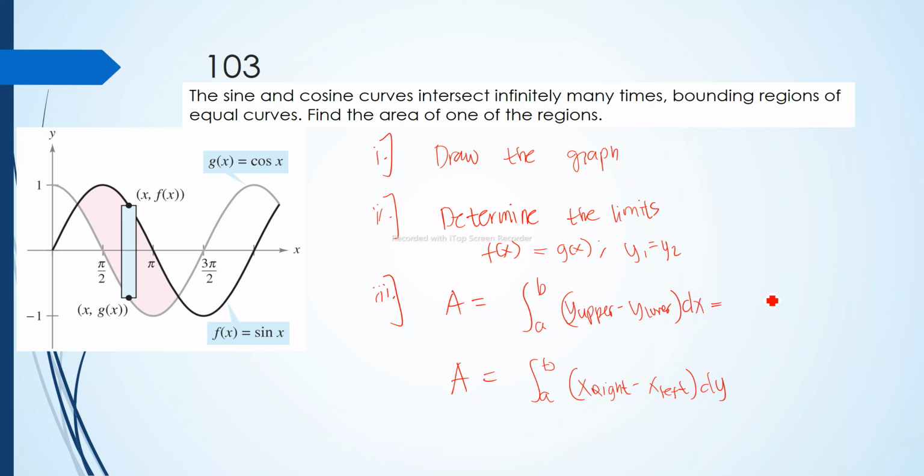Just so you know, if you are curious, y upper and y lower we just represent by f of x minus g of x dx from a to b, and the other one we can represent with f of y minus g of y dy from a to b. And then you already have your answer in square units.